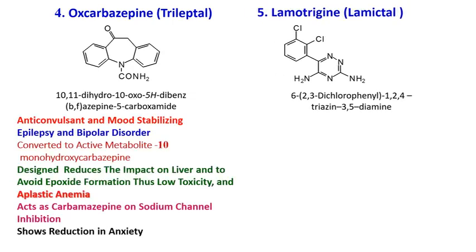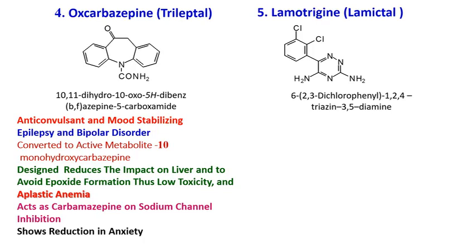This oxcarbazepine is known to have an anticonvulsant and mood stabilizing effect. It is not converted to the epoxide form and hence the dihydroxy form. It is only converted to the 10-monohydroxycarbazepine. Such a structure was designed to reduce the impact on the liver.